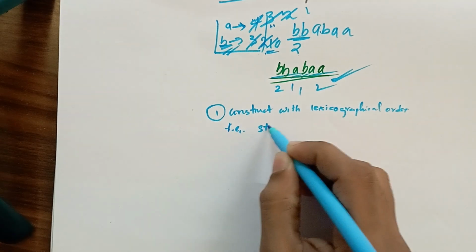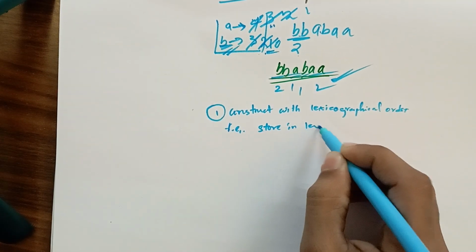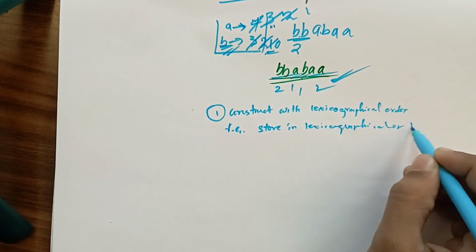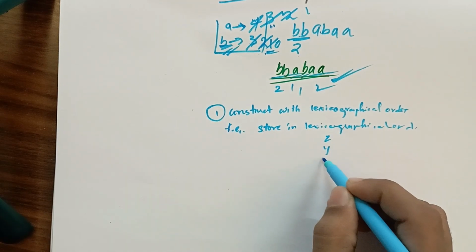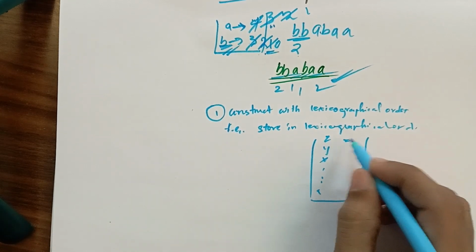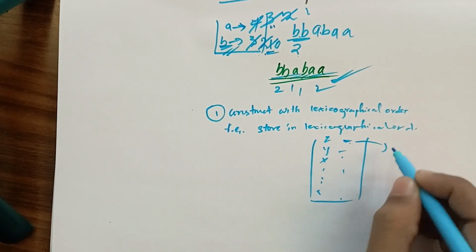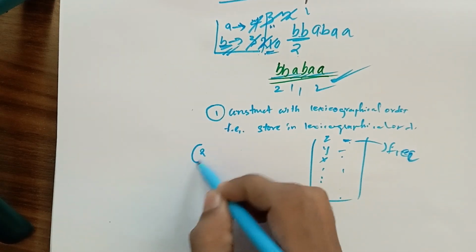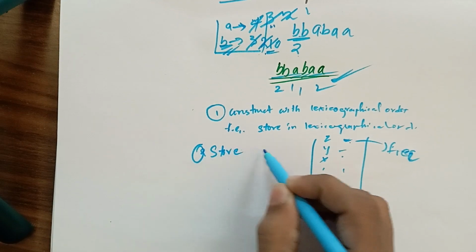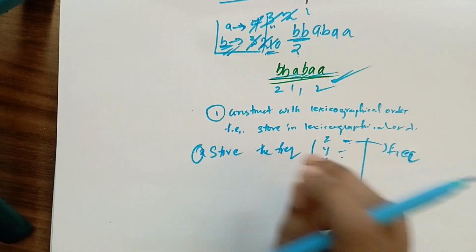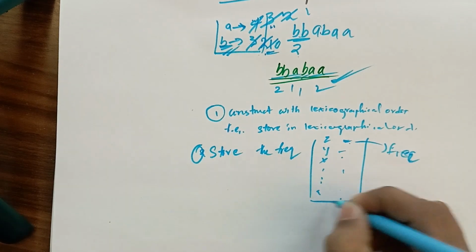That means store in lexicographical order, that means from z y x and so on to a in this order, and here we will be storing the frequency. So, and then store the frequency. Store this frequency in our data structure.